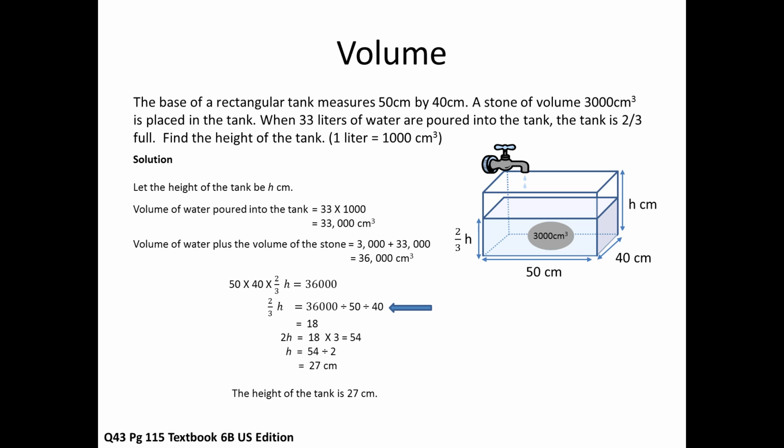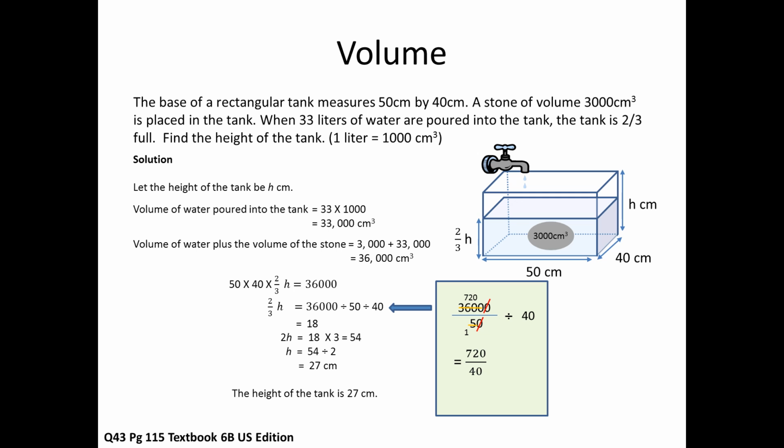I did some working here if you're interested. Now, if you don't know how to do this, you have to do this step by step. So I wrote 36,000 over 50, and then I copy back divide by 40. Then I did some cancellation of the zeros, and then again I further reduce by dividing the denominator by 5, and I divided the numerator by 5.